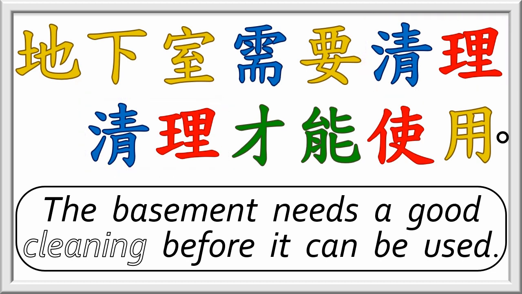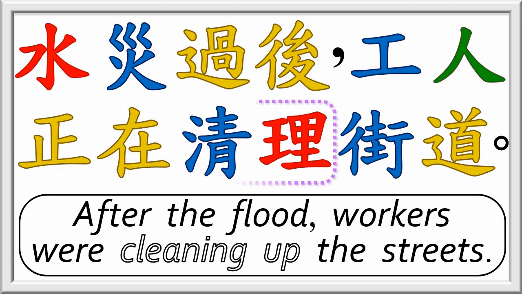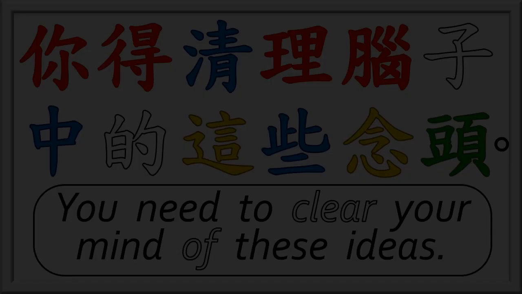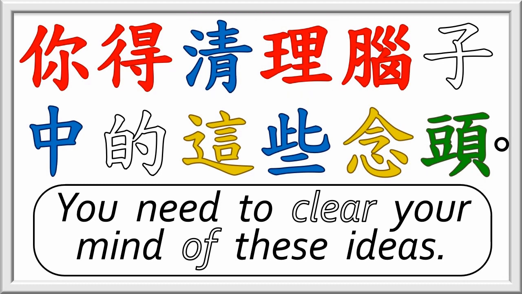The basement needs a good cleaning before it can be used. 水灾过后，工人正在清理街道. After the flood, workers were cleaning up the streets. 你得清理脑子中的这些念头。You need to clear your mind of these ideas.